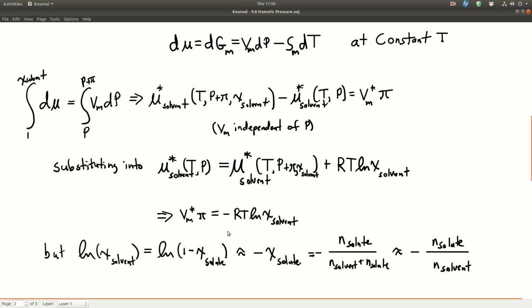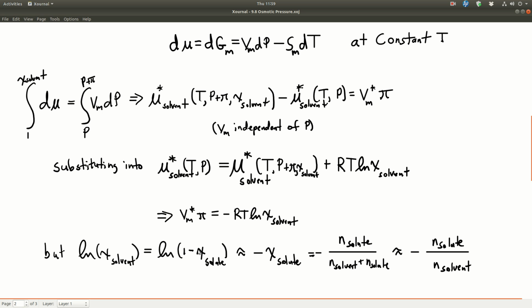The mole fraction of the solvent is 1 minus the mole fraction of the solute, right? Because there's two components, the solvent and the solute, and their mole fractions must add up to 1. But the natural log of 1 plus x is approximately just x, if x is a lot less than 1. And here, this is going to be a dilute solution, so that means the mole fraction of the solute is a lot less than 1.